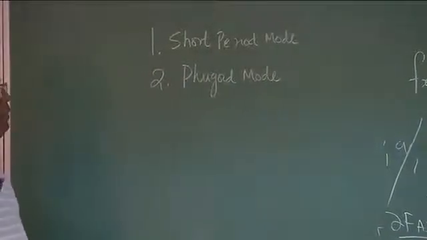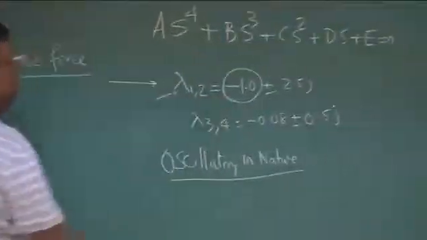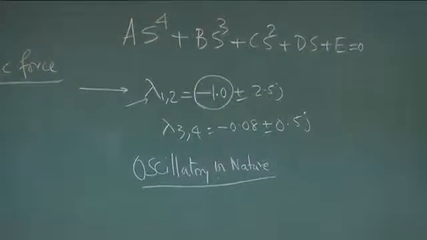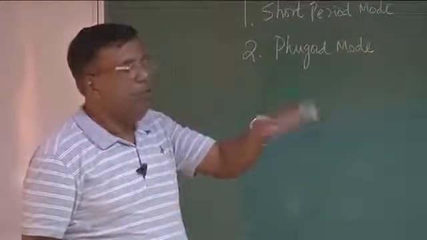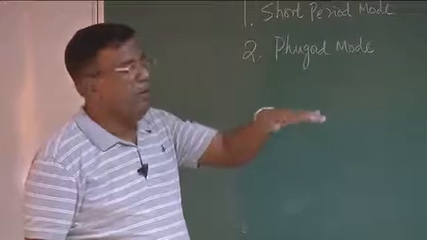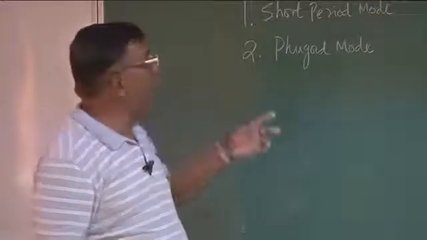Okay. What is the short period mode? Short period mode will correspond to this because its real term is large negative. And typically, if you see the airplane is moving like this, cruise, if I give a short elevator input, one mode will be like this. It will immediately come back to the equilibrium. This is transient. So that is the short period mode.